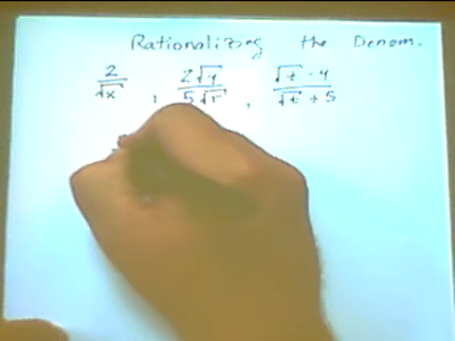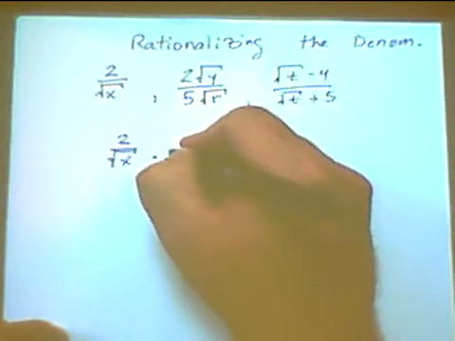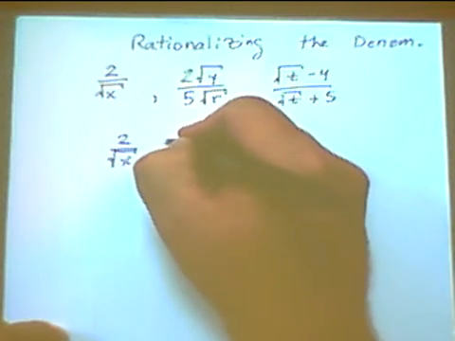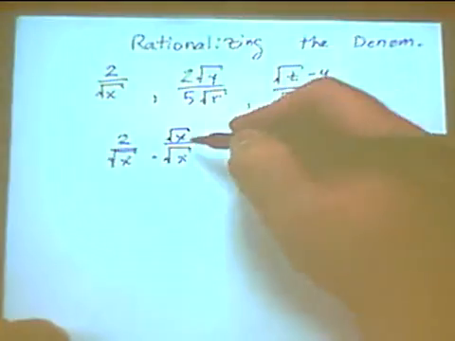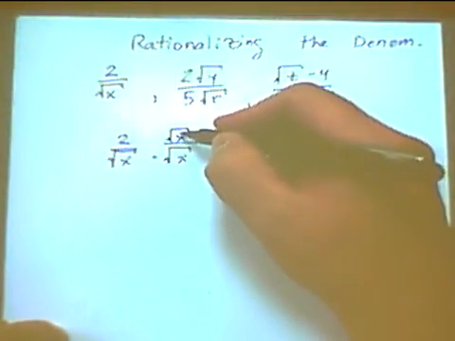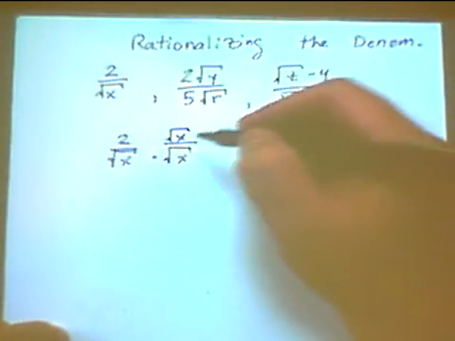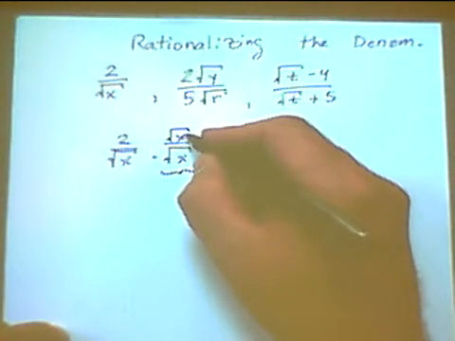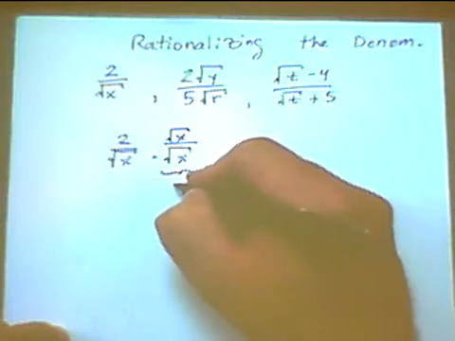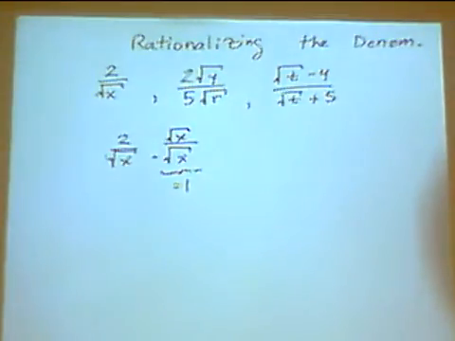And let me just do the first one. You simply multiply the top and the bottom of the fraction by the radical. So I'm going to multiply this initial fraction by square root of x over square root of x. The reason we can do this is because anytime you have something divided by the same thing, that equals 1. So we're not really changing the value of 2 over square root of x.